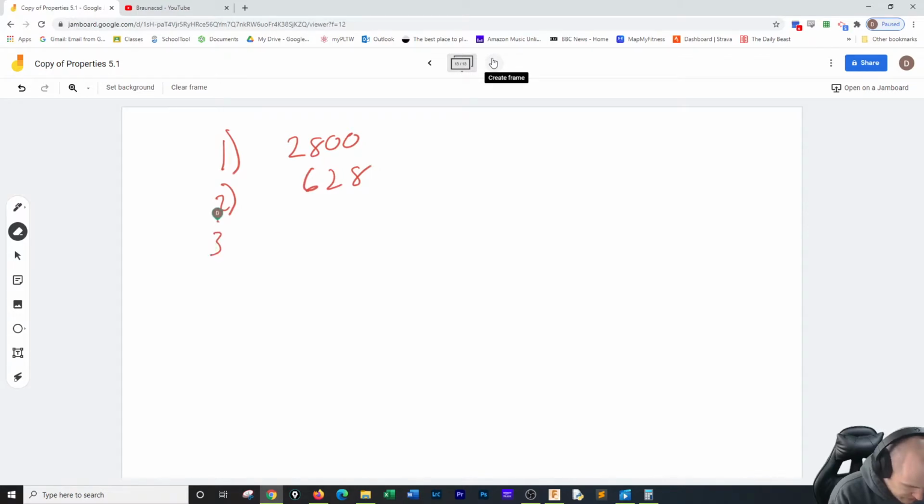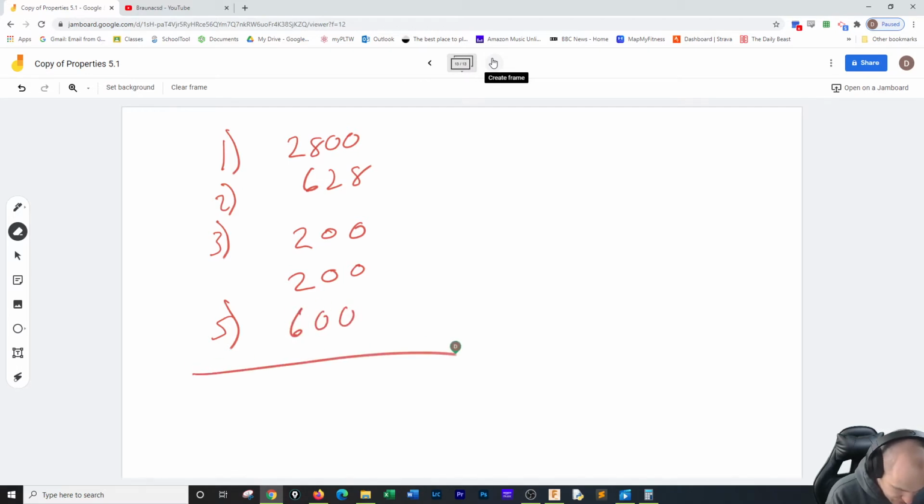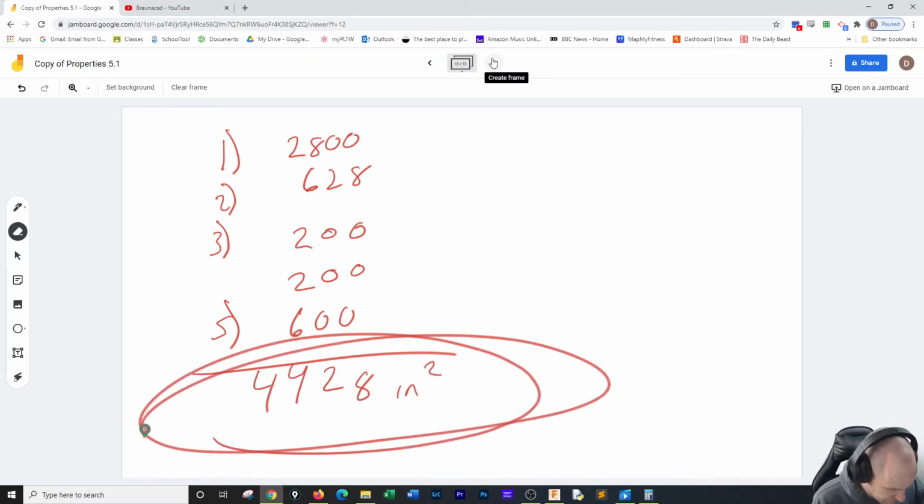And then area 3 were the little triangles, and I said that they were each 200, so that's going in there twice. And then the final area, which was area 5, sorry, I'm looking at my notes, was 600. And to get the total area, you would just add all of these up. So 8,424 inches squared. So that would be your answer for this one.